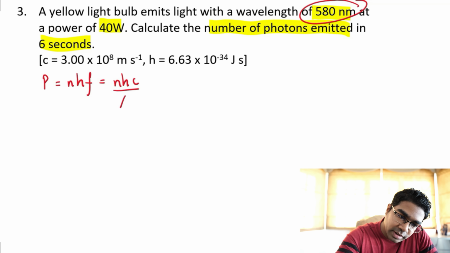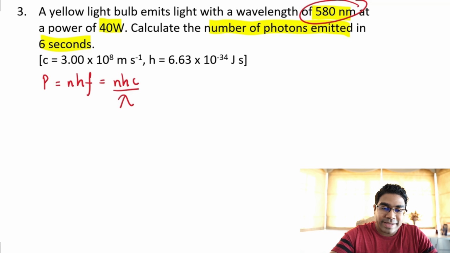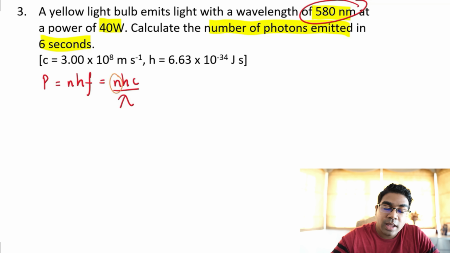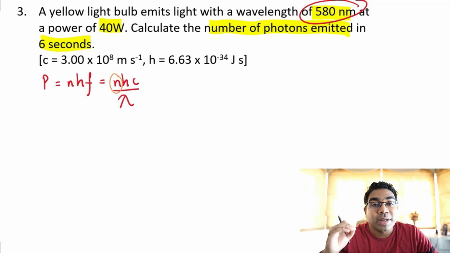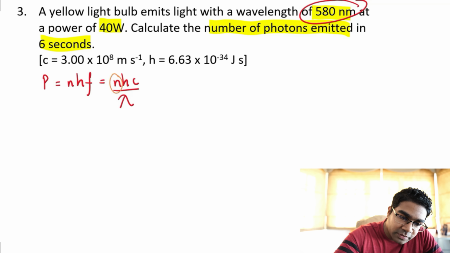So you will get P equals NHc over lambda, and now we are ready to find the number of photons emitted. The number of photons emitted in this equation does not exist. This N here is actually the number of photons emitted per unit time, per second. So let's find N first. We substitute our values in.